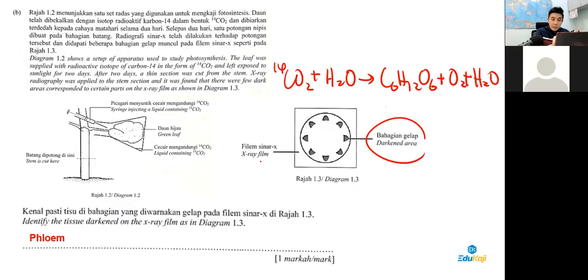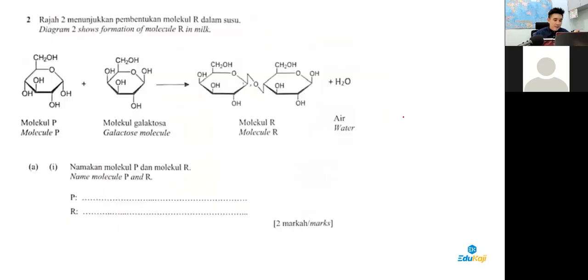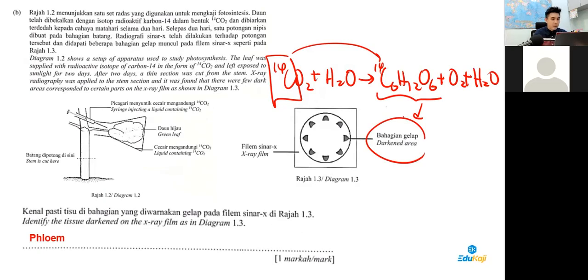The debate is, where did this end up? Look at the products. This is the only carbon, and this is found in phloem. It is transported by phloem. Easy 1 mark. If you have attempted a lot of trial papers, you have definitely encountered this before. If you haven't, you still need to try more papers.